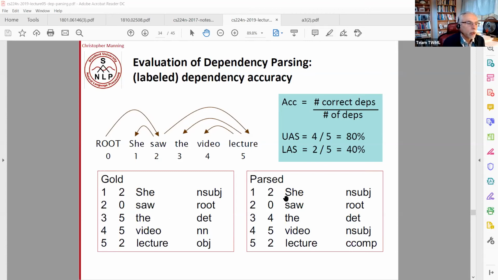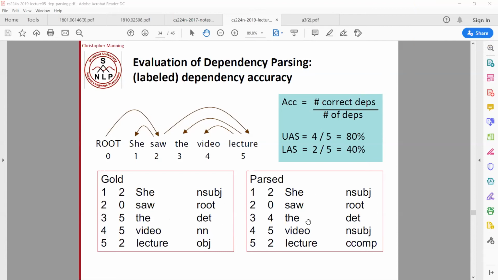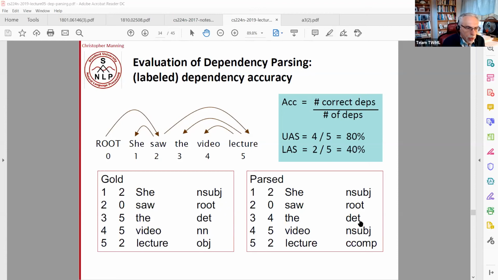Yeah, that's right. So you get to count these 2 as correct in the LAS score, right? Because the labels match except for the last 2. But this label matching doesn't count because you already blew it. You already got this one wrong. You got the arc wrong.